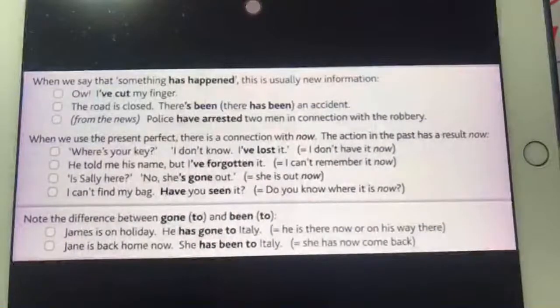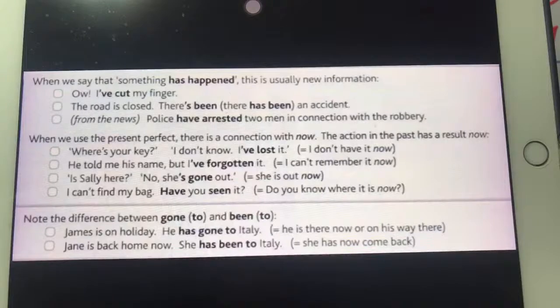There was an accident last week. Okay? Another one. The police arrested two men in connection with the robbery. So again, that's simple past, right? Okay? Now, in these situations, they happened recently. They have happened recently.